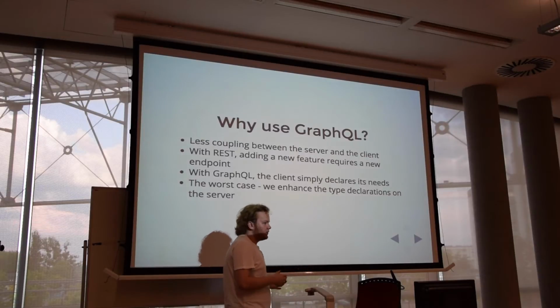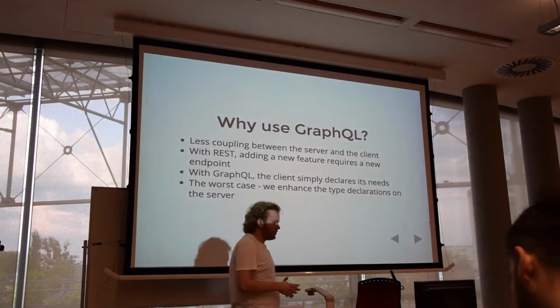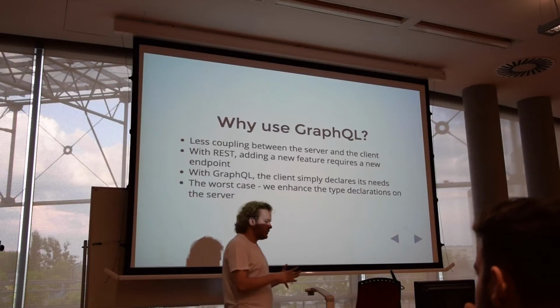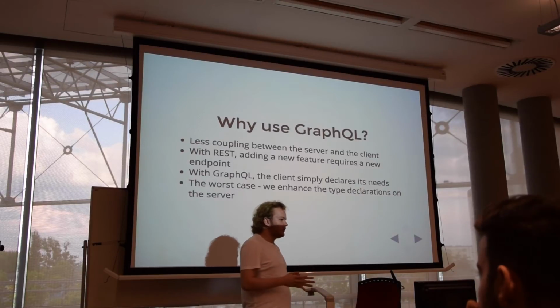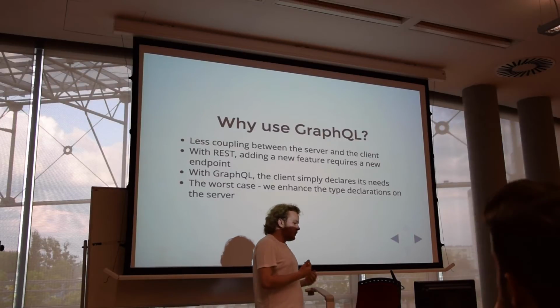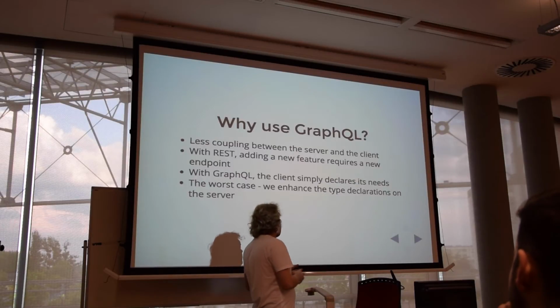If we use REST, then, for example, if we add a new feature in our application, and one feature requires some information, let's say posts with a user with first name and last name, then another feature which also requires posts and that user, we have to create separate endpoints on the backend from which we can query those.